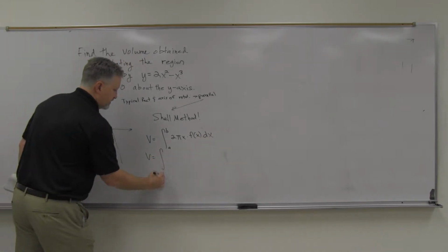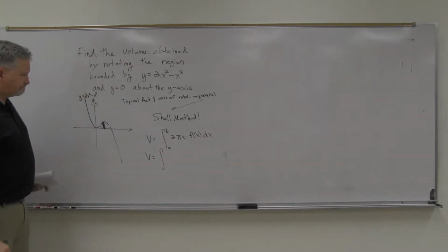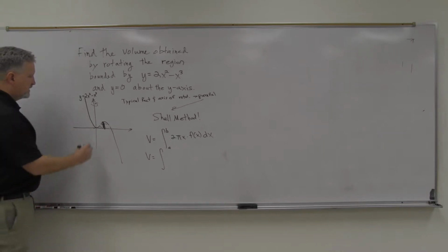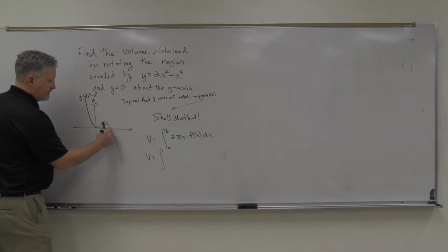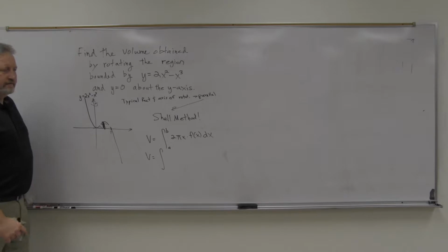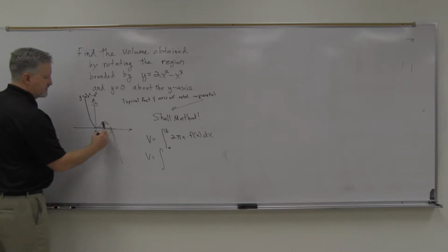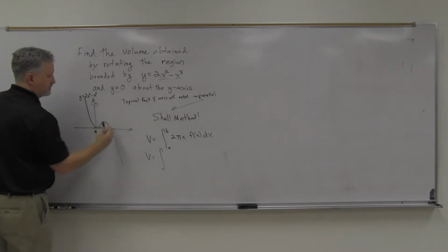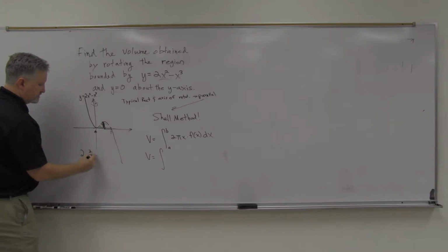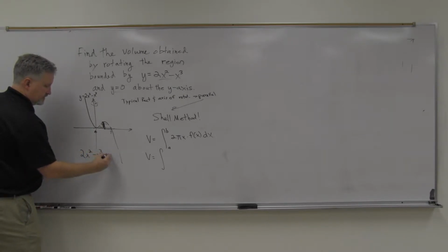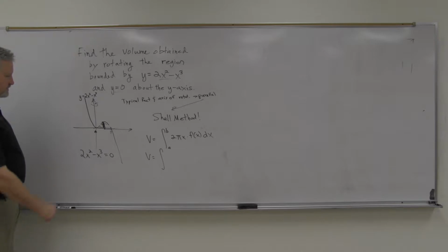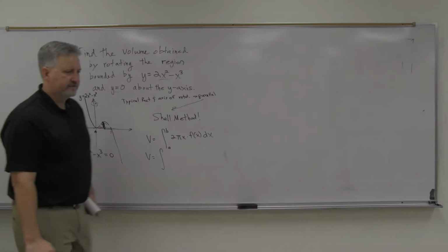So in this case, let's plug in the actual values. For a to b, obviously it looks like a is 0 here, and it looks like b is 2.